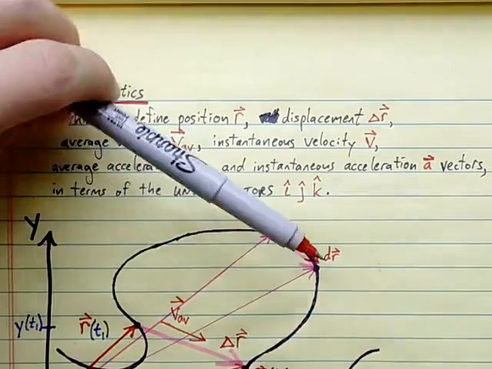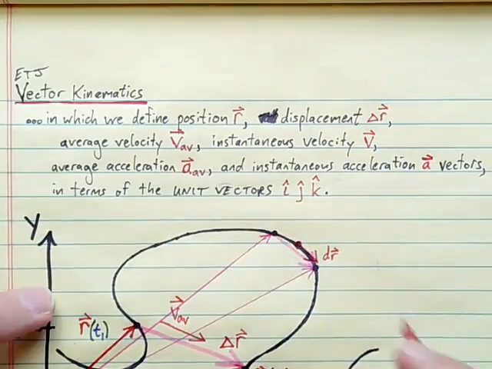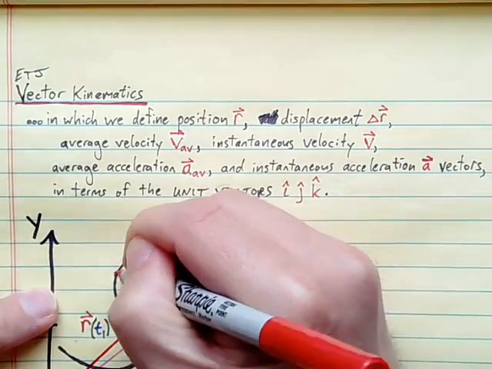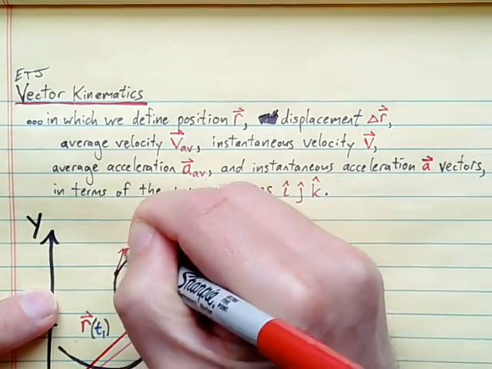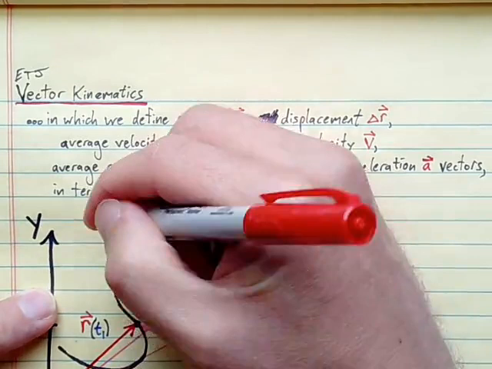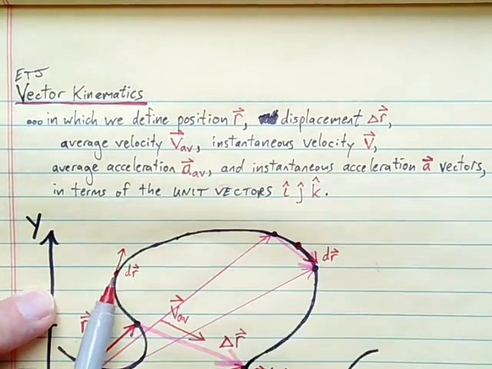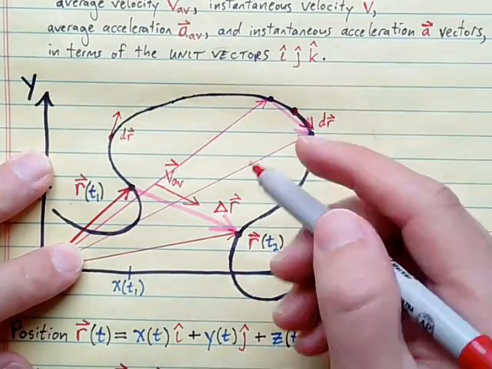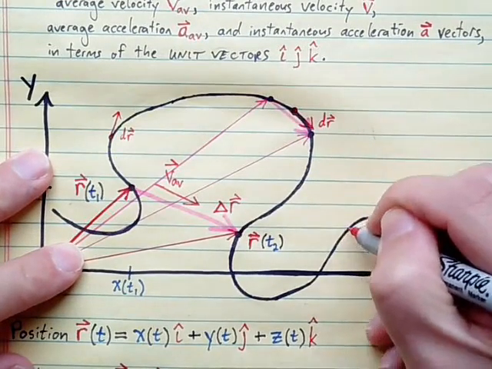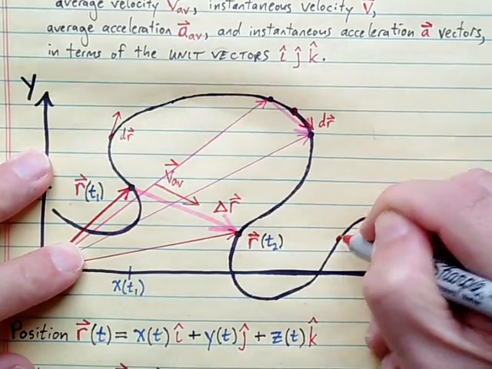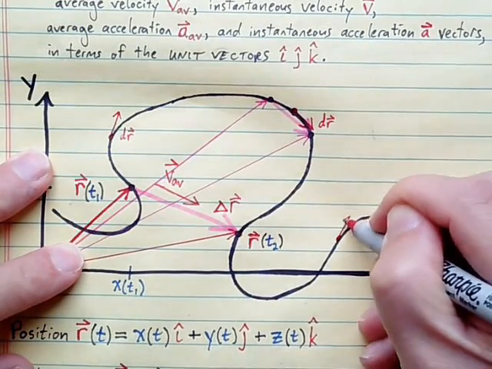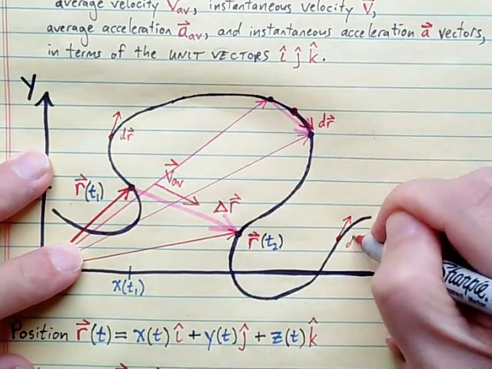So I drew in a little dr at this particular moment. We can draw in drs at any other moment we choose. So over here, at this particular moment, we could have an infinitesimal displacement, dr, pointing tangent to the path in the direction the object happens to be moving at that moment. Let's say over here, at that moment, we could draw in a little dr tangent to the path.